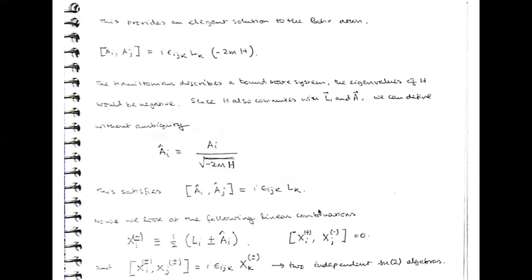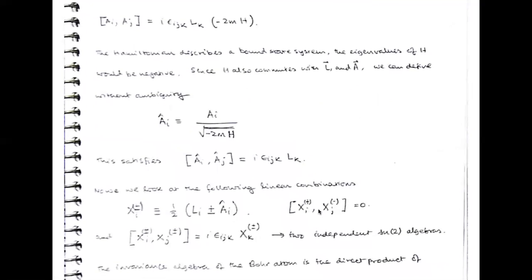So now what we note is that if we look at these linear combinations, we call these x plus and x minus, which will be Li plus minus Ai. When you look at x plus with x minus, that gives you a 0.